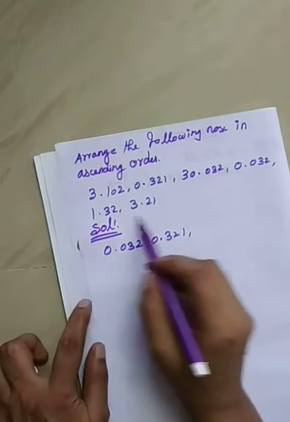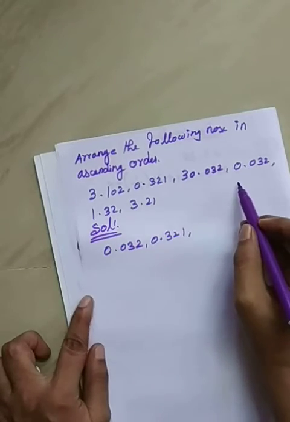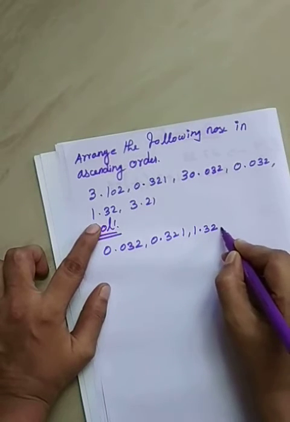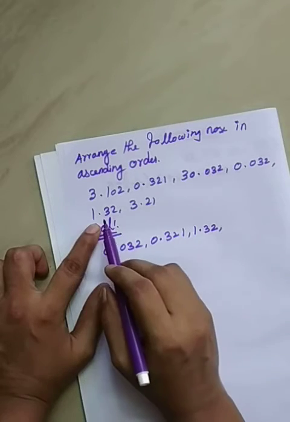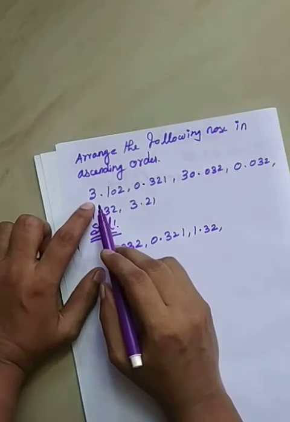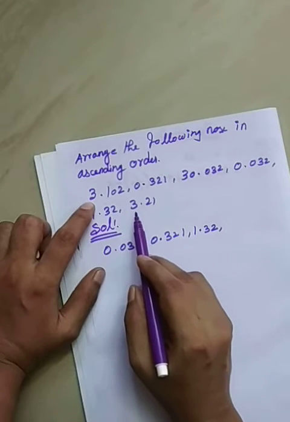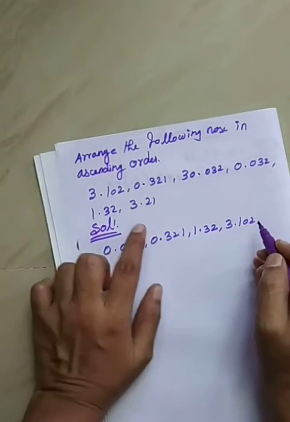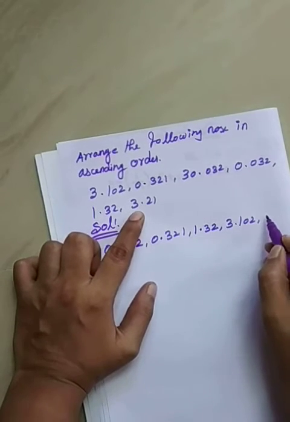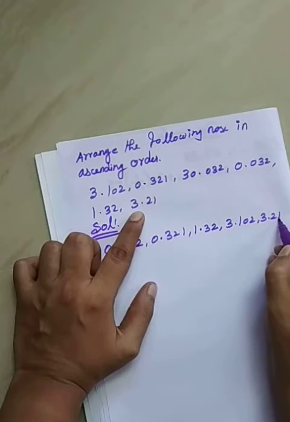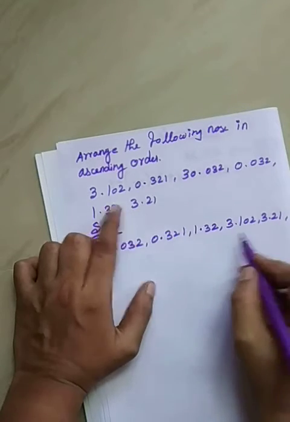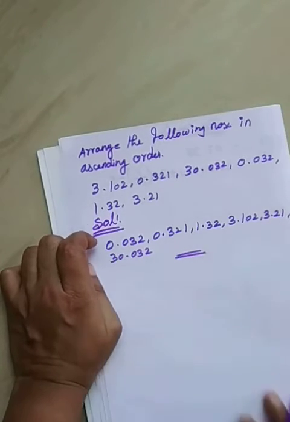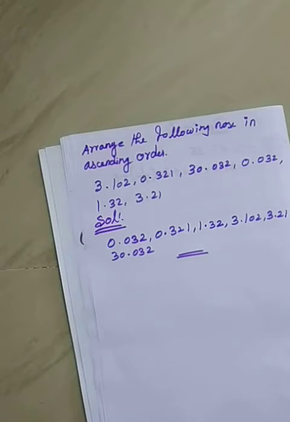The next, 1 point, so the third value is 1.32. The next, this is 3.1 and here 3.2, so you write 3.102. The next one is 3.21. The final value is 30.032. This is the ascending order for the given problem.